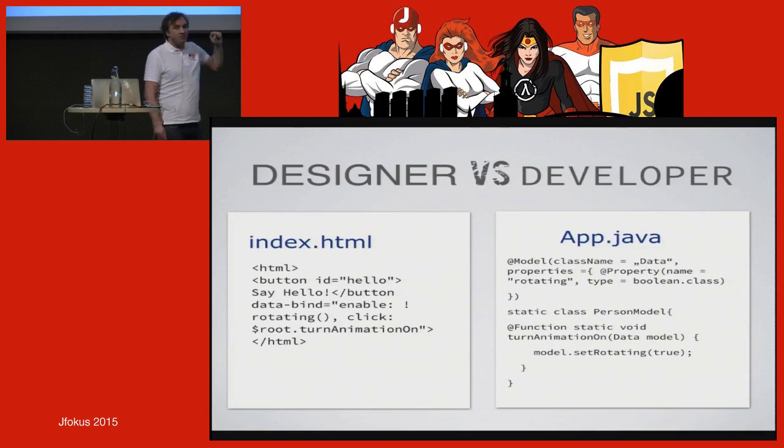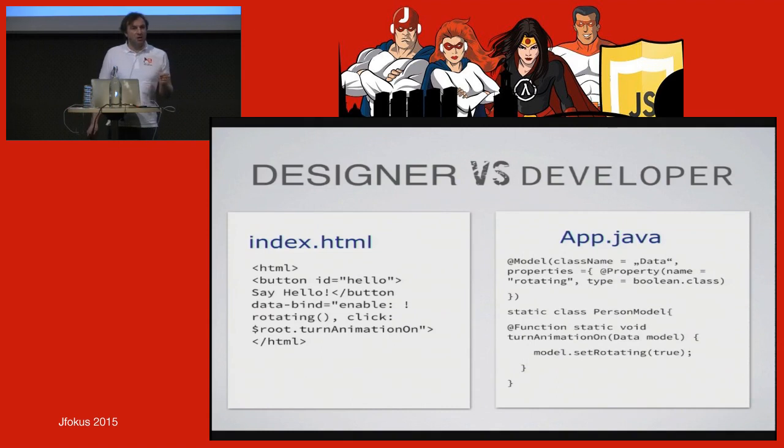What this annotation does is it generates a class in the background as part of the compilation. It creates a class named data, in our case, which has a property named rotating of type Boolean. So in the back, we get a class generated that knows how to interact with the index HTML page, and that has these properties, and it will have getters and setters, and we can just use it right away. That works in any IDE because this is standard Java annotation processor usage.